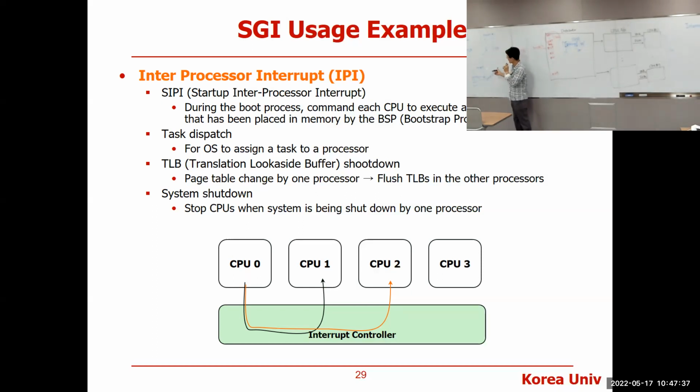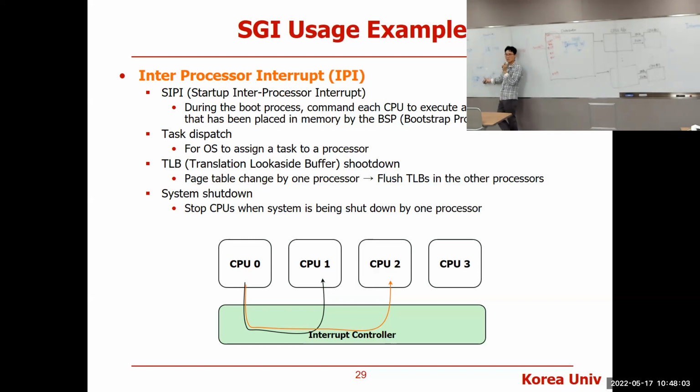We will talk about that later on. But what is TLB shutdown? What if this processor changes something? Let's say it is caching the first entry and the second entry, and that other processor is also caching the first and second entries in the page table.